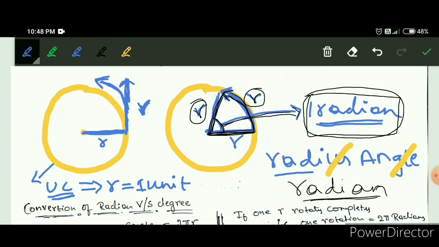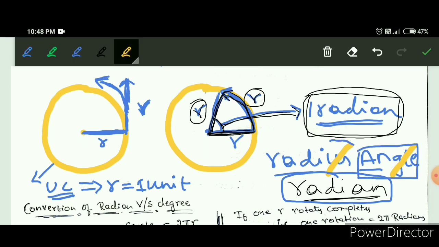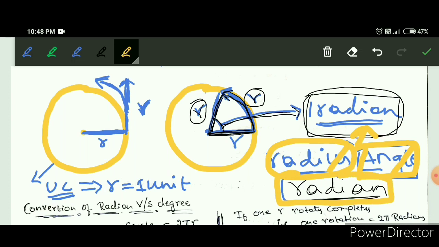From this we get radian, it means the angle can be determined by using this radius. By using a radius we can find the angle, so we call it radian.